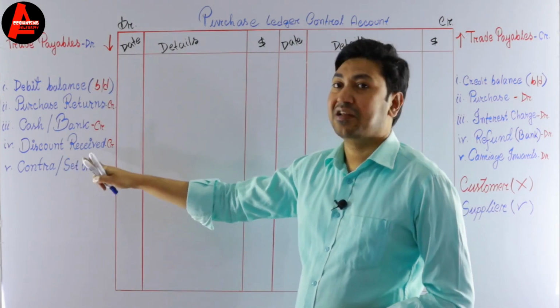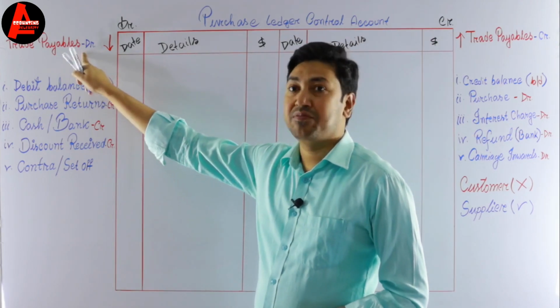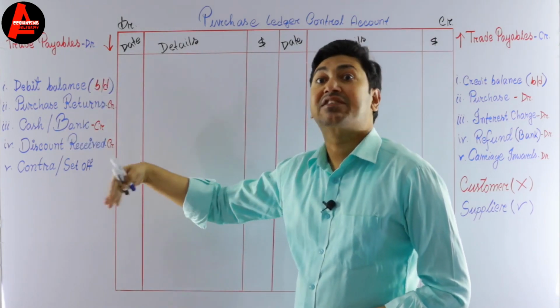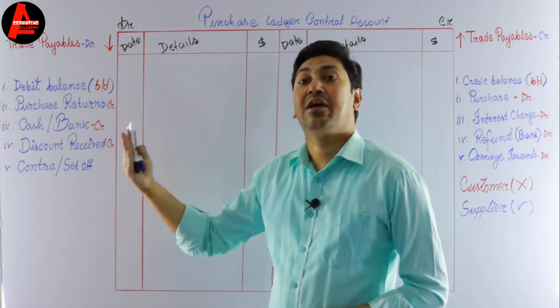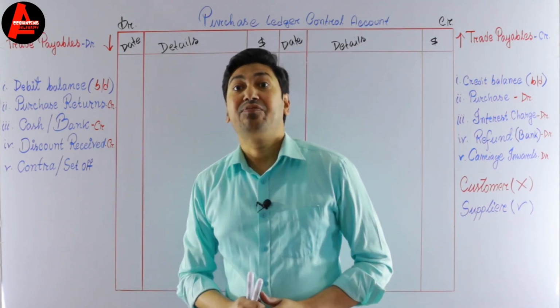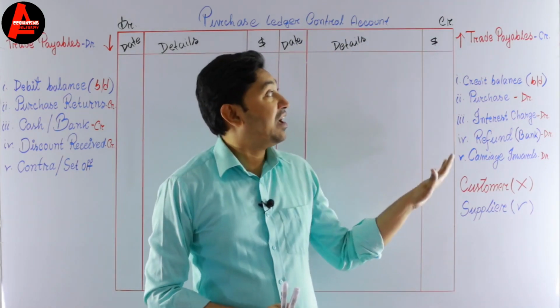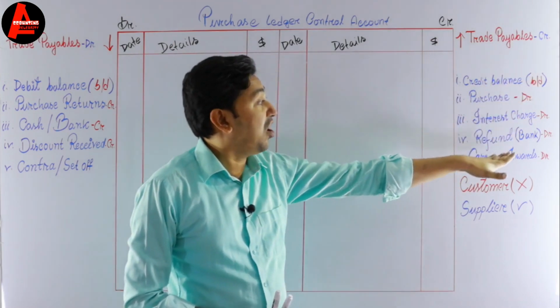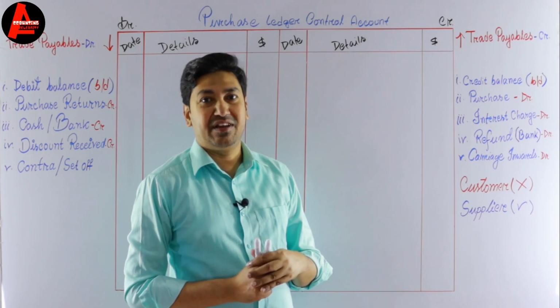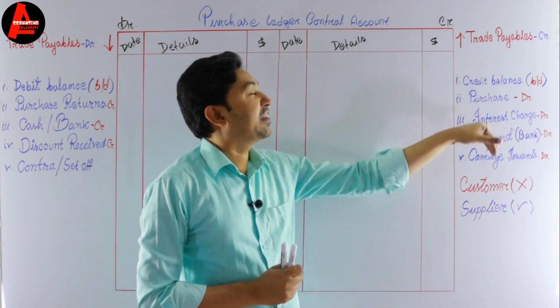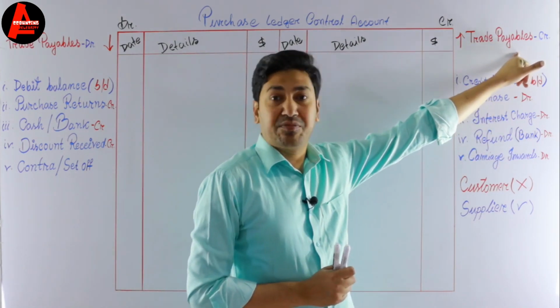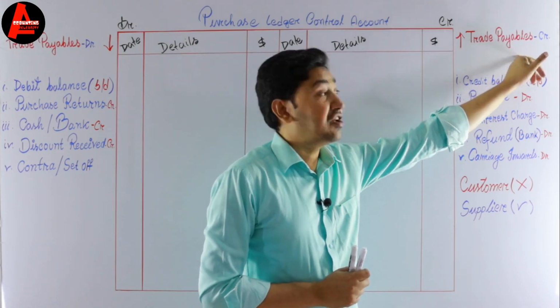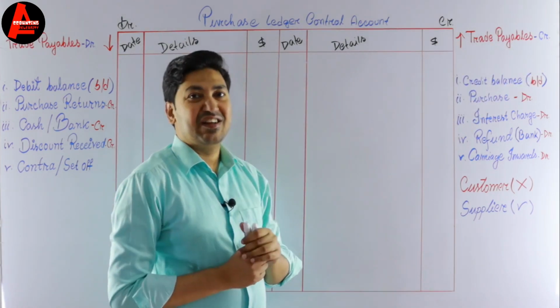Don't think about the item, think about the trade payable. What is the trade payable, debit or credit? If it is debit, you record it on the debit side. If it is credit, you record it on the credit side. Here trade payables are credited and all these items are debited, so we are not thinking about these items, we are thinking about trade payables. Trade payables are credited here, so we record it on the credit side.